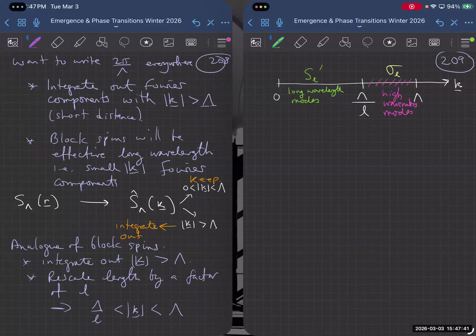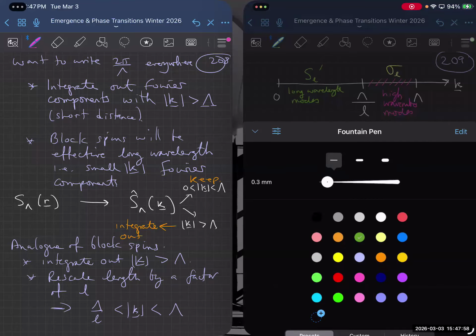What I want to explain now, in the last, let's see, I reckon we have 3 minutes left, let me just tell you about the basic idea.